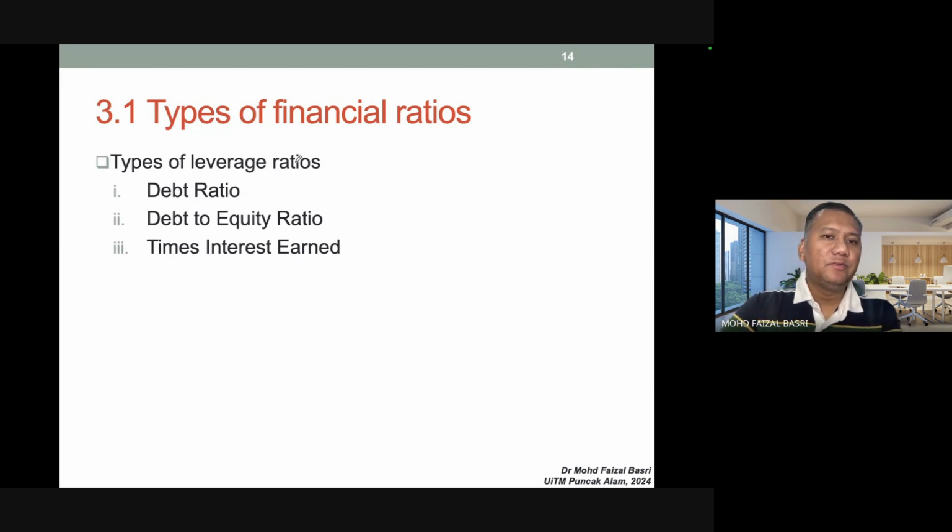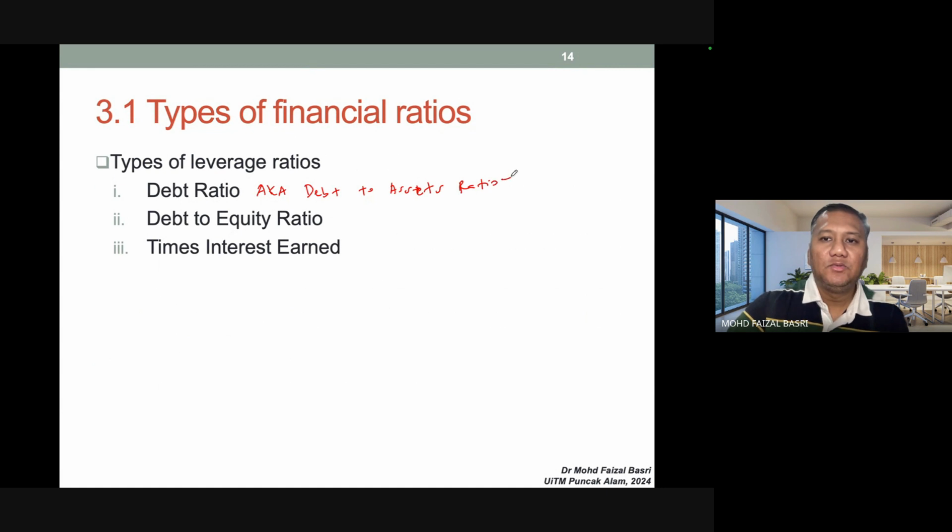The debt ratio, nama lain dia, debt ratio ni adalah debt to assets ratio. In short, kita panggil debt ratio. And then number 2, we have debt to equity ratio. And the third one is times interest earned.